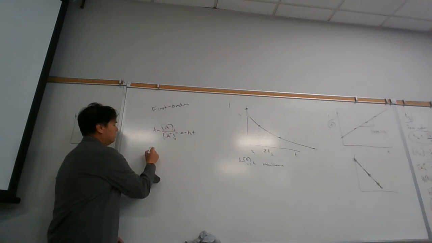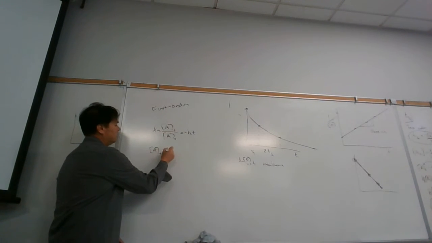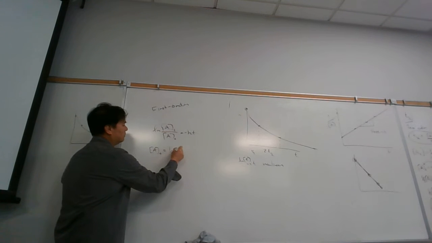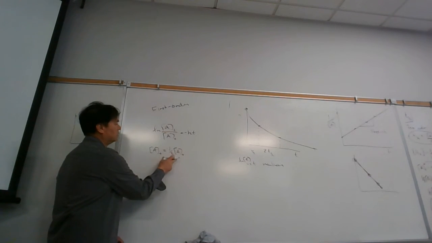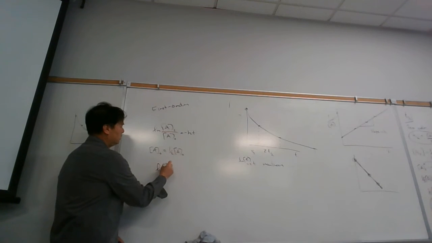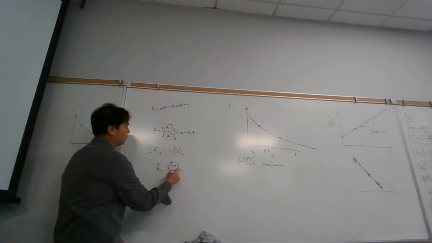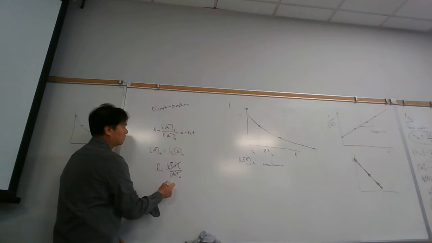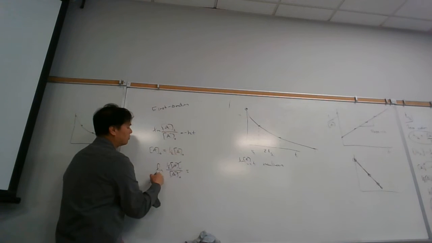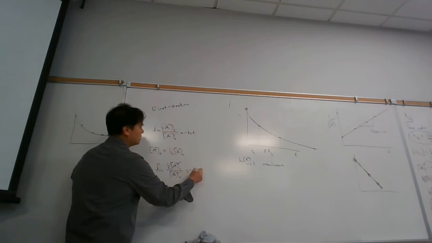And so what we're going to substitute here is [A]t equal to 1/2 [A]0. We've consumed half of the initial. So this is ln of 1/2 [A]0 over [A]0. Those cancel, and it gives me the natural log of 1/2 is equal to minus kt.